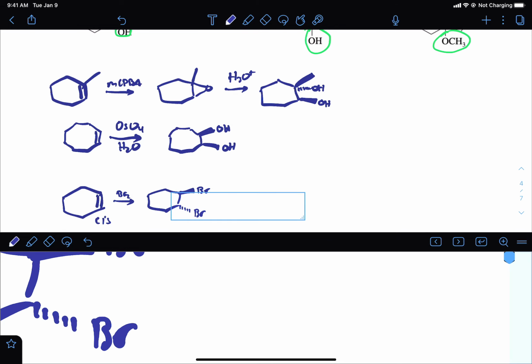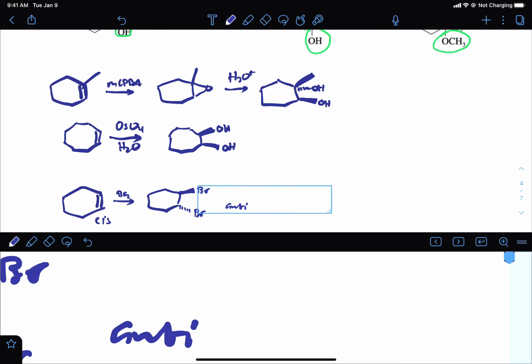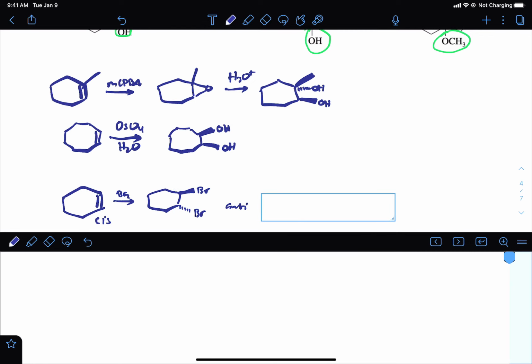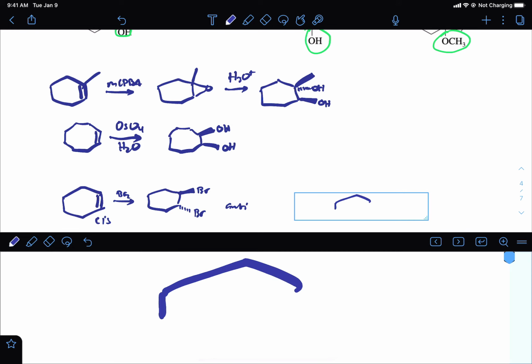Okay, this is anti. So if we want, and this is why they actually use the 10-membered ring.